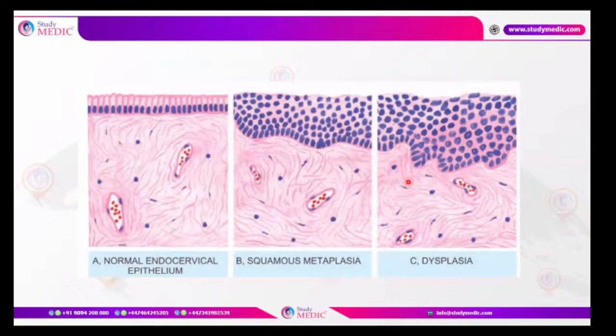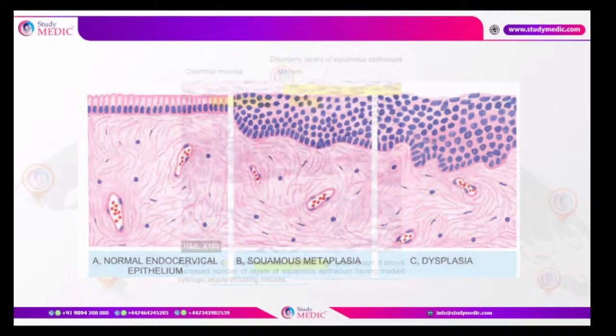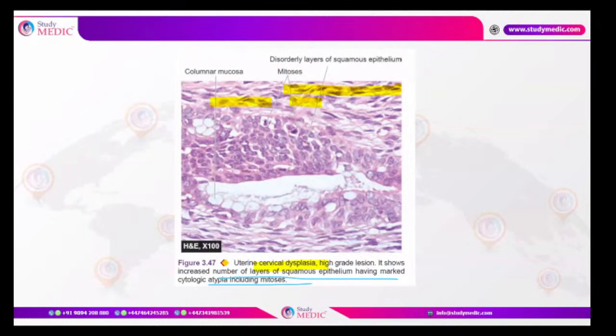Okay, and increase in the stratification, all of these. And at the ultramicroscopic level, we can also see an increase in the nuclear cytoplasmic ratio. All of these are said to be the features of dysplasia. And this is the uterine cervical dysplasia, as you can see, the high-grade lesion.